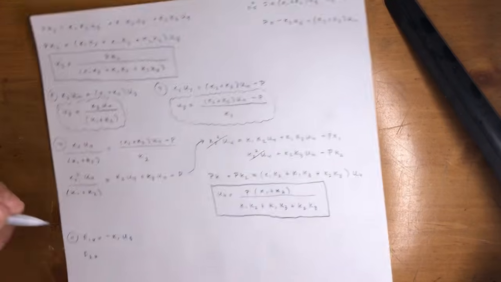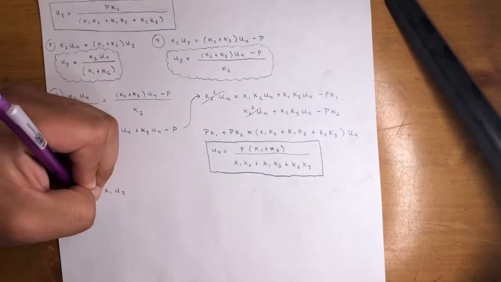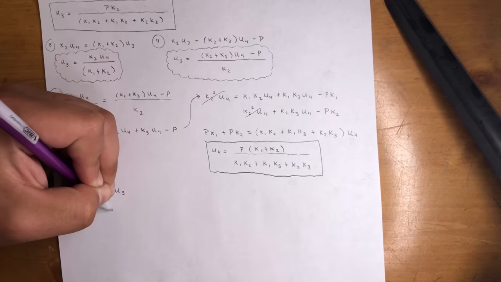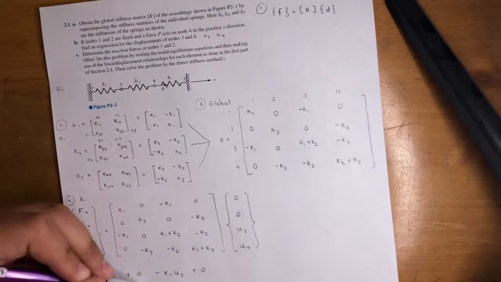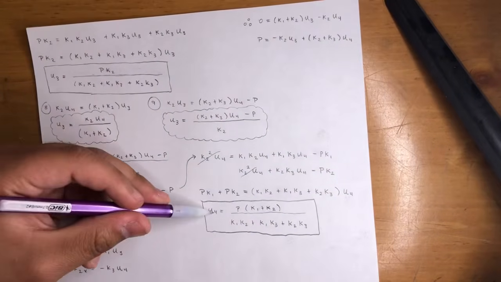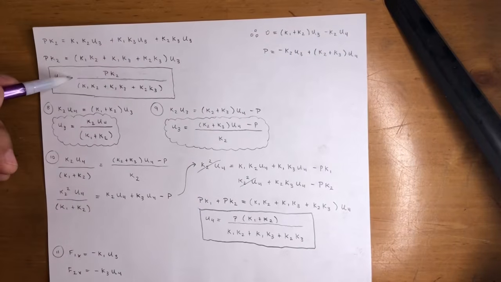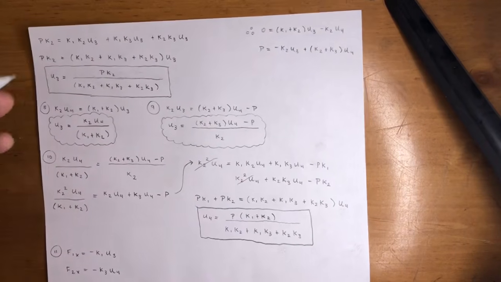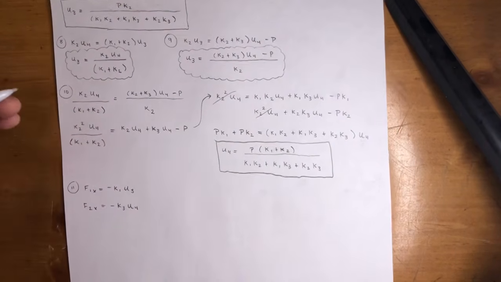Similarly, for F2x, we are just left with negative k3u4, because 0, 0, 0. We know U4, we know U3.